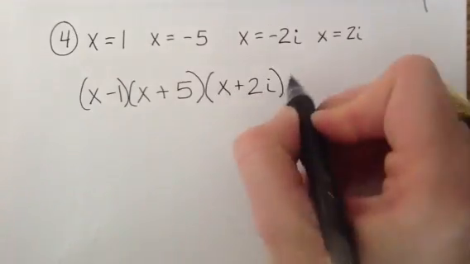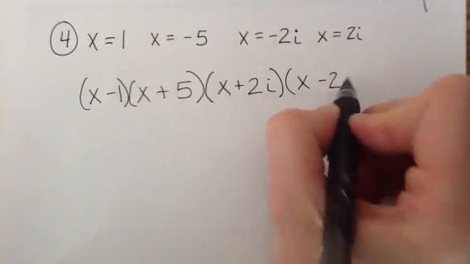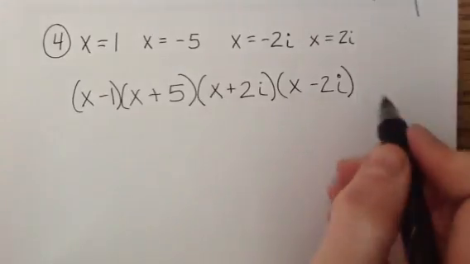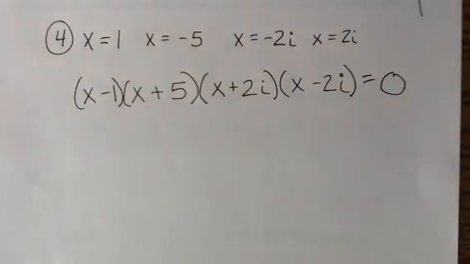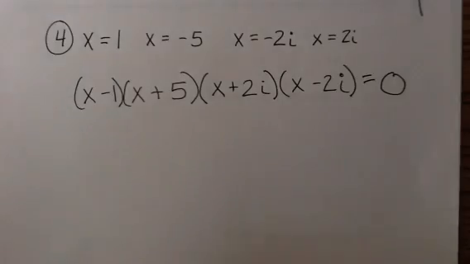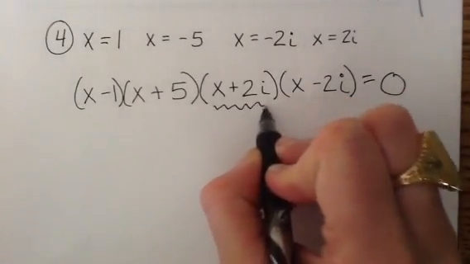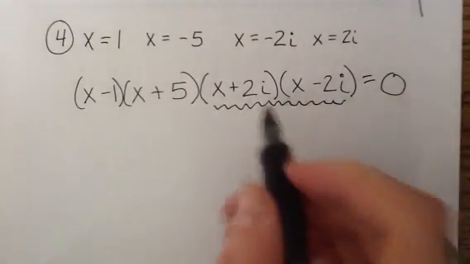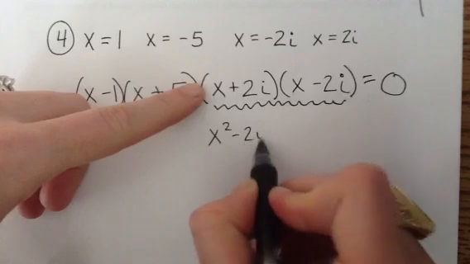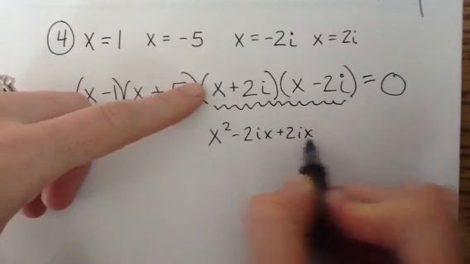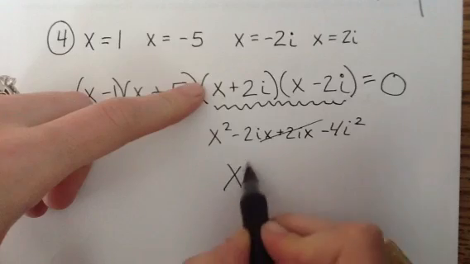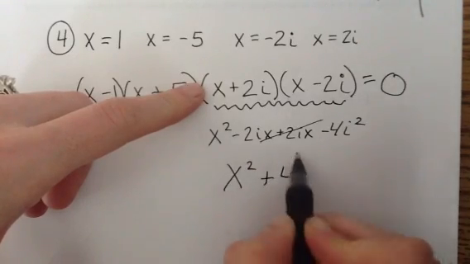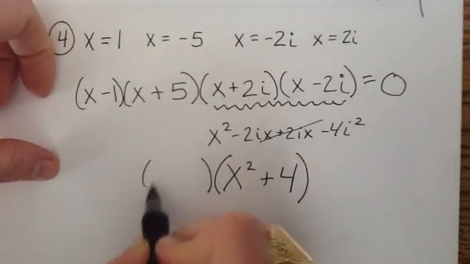It's going to be the 4th degree. So I'm writing down all my factors. Same thing here. Multiply the i's together first. Your life will be much easier. Cancel in the middle, x squared plus 4 is your new binomial.